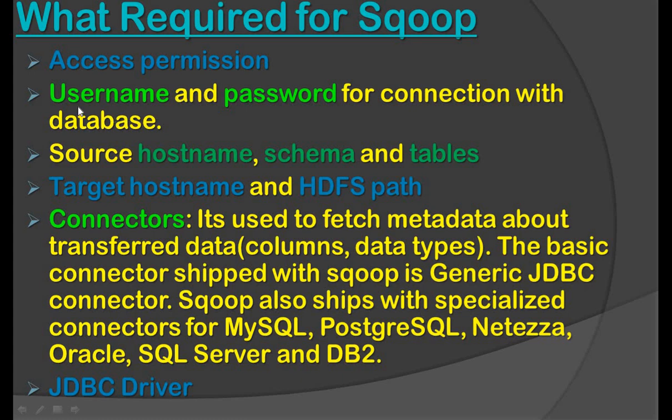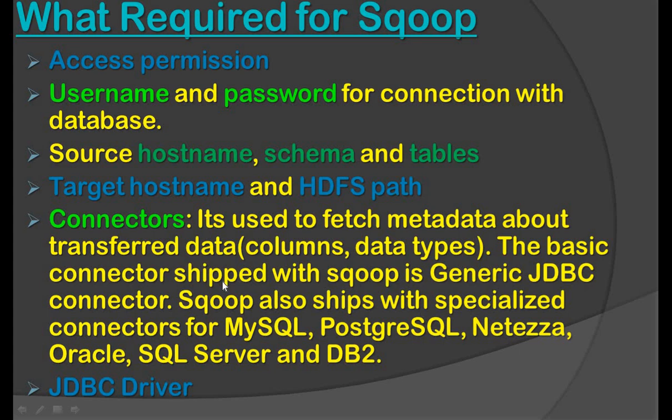Second, we need a username and password for connection with the database. Third, source hostname, schema and table. Fourth, target hostname and HDFS path. And fifth, connectors, used to fetch metadata about the transferred data, columns and data types.